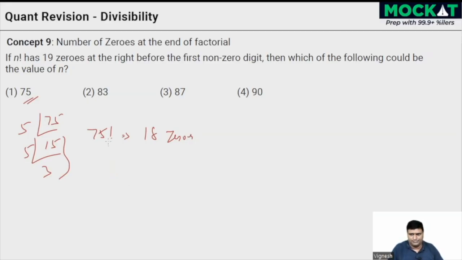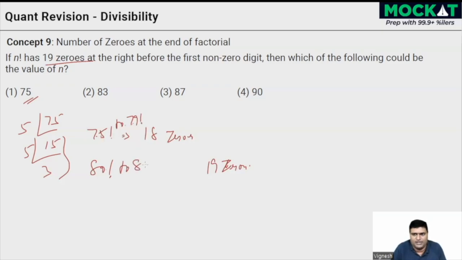Next, 75 to 79 factorial. 79 factorial is 75 factorial times 76, 77, 78, 79. There are no 5 multiples, so it remains 18 zeros. 80 factorial becomes 19 zeros. That's what is asked, but 80 is not there. 80 factorial up to which number?